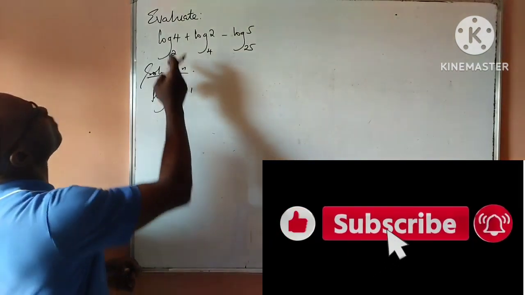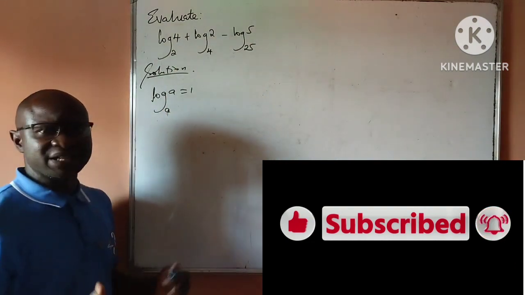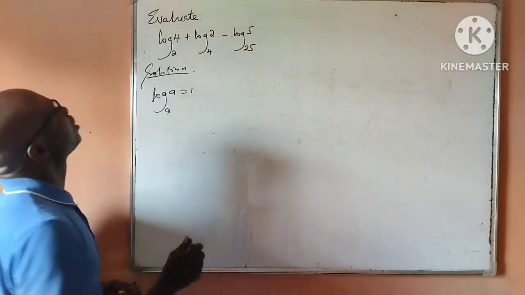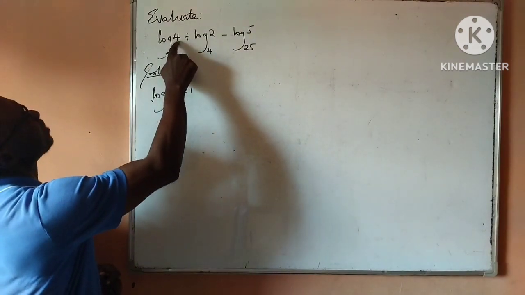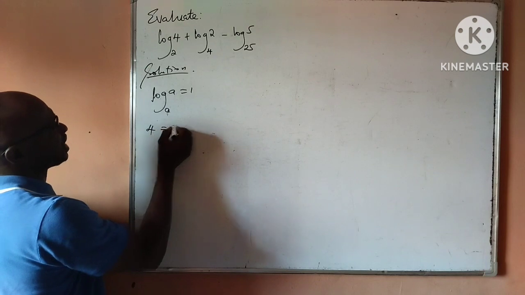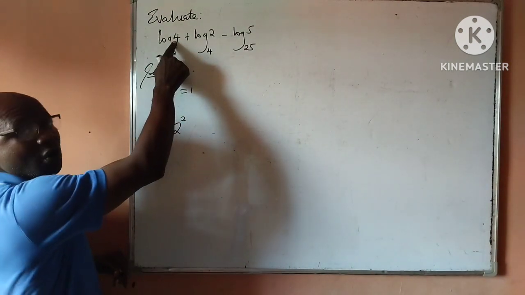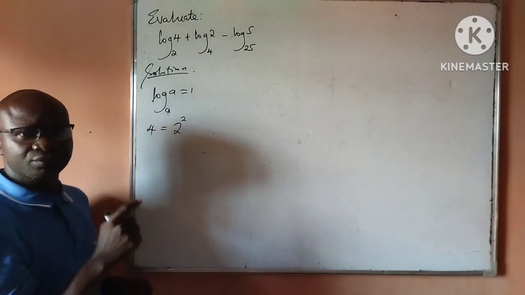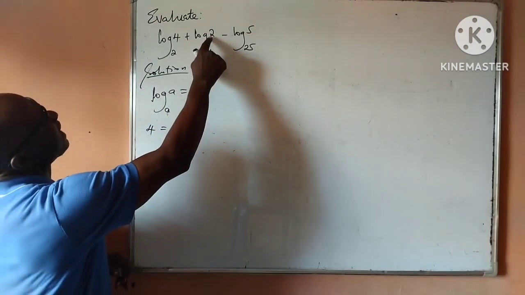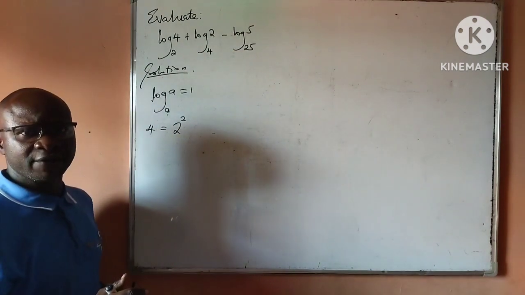So if I'm able to make it logarithm to its own base in all of them, I can easily solve it. But to note, since this place is 4, how do I make it to be 2? 4 is the same thing as 2 raised to the power 2. So I can replace this 4 with 2 raised to the power 2. Also, here I have 2 and I want it to be 4 so that it will be in the same base with the 4.